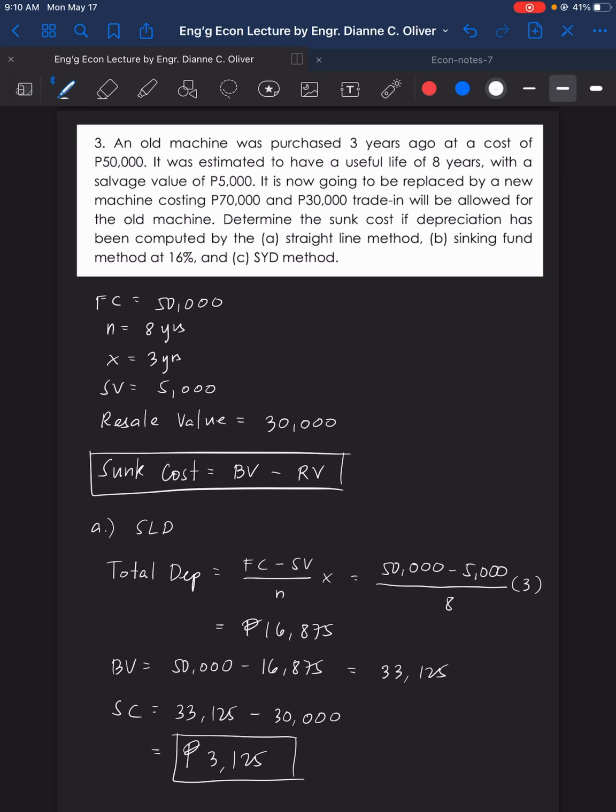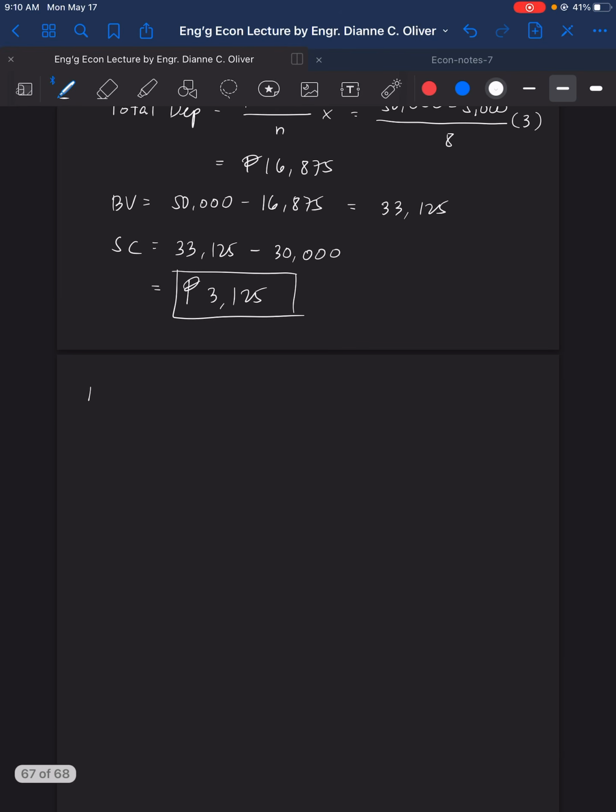depreciation method. Okay, now let's go to the second one, B, the sinking fund method. Sinking fund depreciation method. So we have here the first cost minus salvage value equals A times (1 plus i) raised to N minus 1 over i.